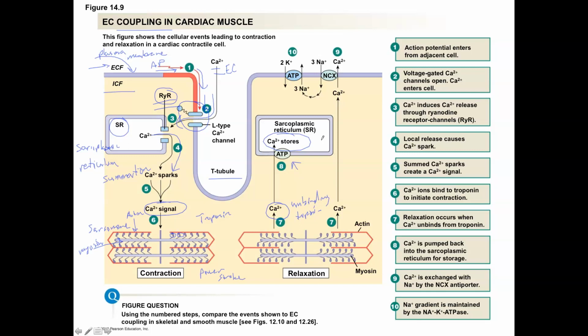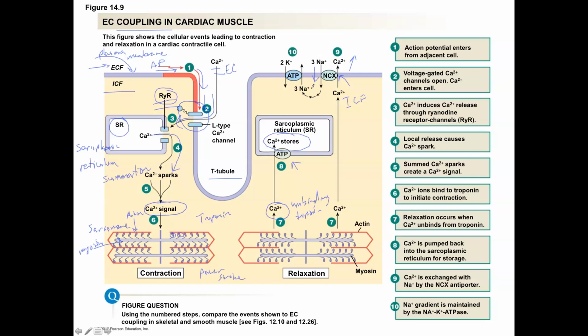We're also going to remove calcium from the intracellular fluid. So here we have calcium in the intracellular fluid, and we're going to use a calcium and sodium antiporter. Calcium is going out as sodium comes in, so that's an antiport process. And that's going to move calcium back into the extracellular fluid.